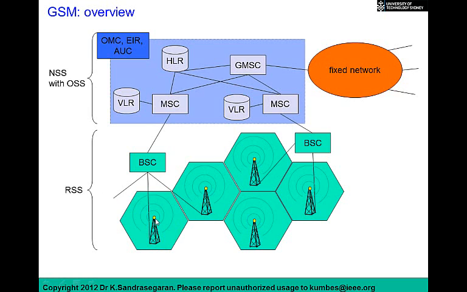These base stations communicate with users within the cell, so the data comes into the BTS, from the BTS it goes to the BSC, and from the BSC it goes to the MSC. Sometimes you may have a transcoder between the BSC and the MSC, and from the MSC it goes out to the external data networks.